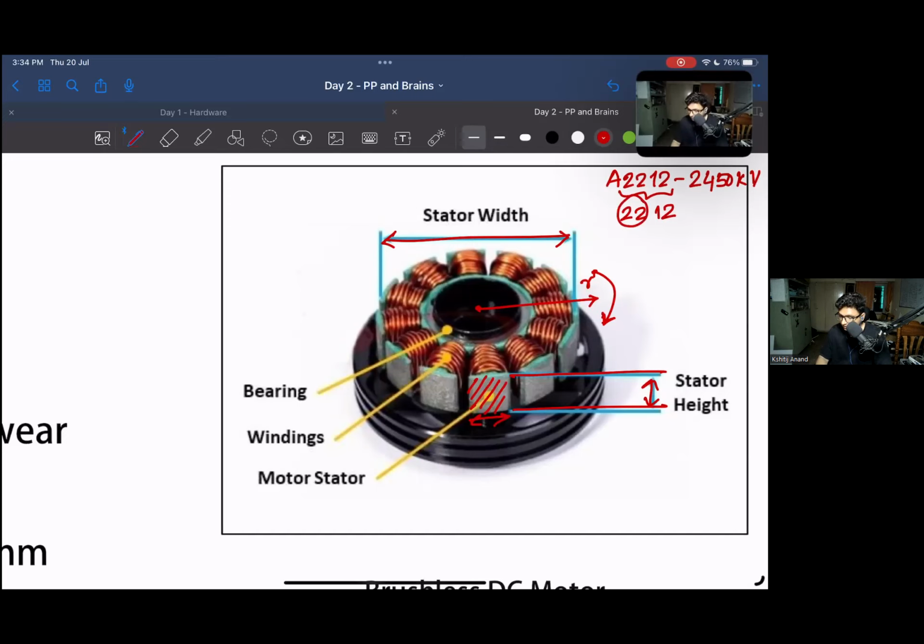The first two digits, 22, basically give me the diameter of the stator in millimeters. So if this was an A2212 2450 kV motor, then the stator width will be 22 mm and the stator height will be 12 mm. Is this clear?